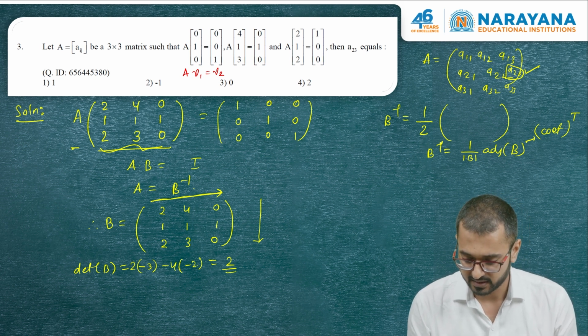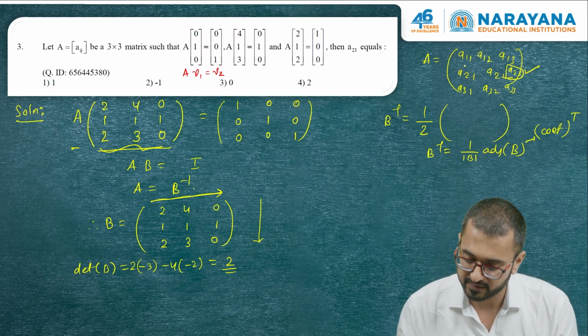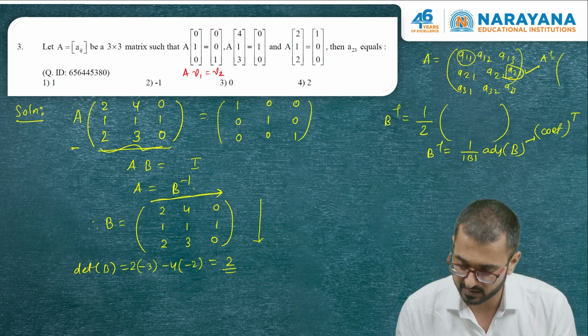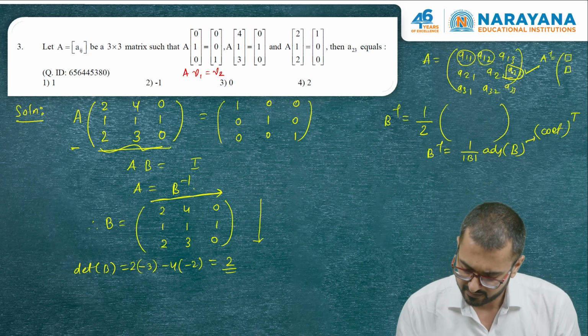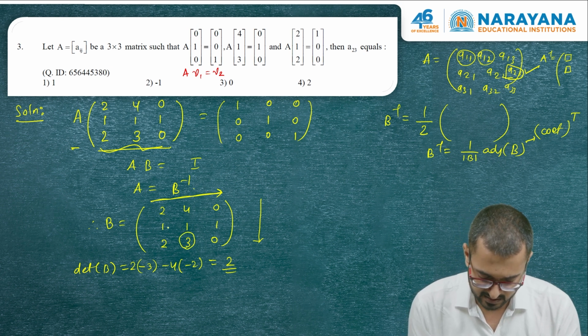If my matrix B has A11, A12, A13, and I write down its inverse, I'll be writing the cofactors. I'll find the minor corresponding to A11, which will turn out to be A23 into A22 minus this. Then again when I'm writing for A12, I'll be writing the minor here. So we are basically writing the cofactor transpose. In that way I can simply see the minor corresponding to 3, which turns out to be just minus 2.